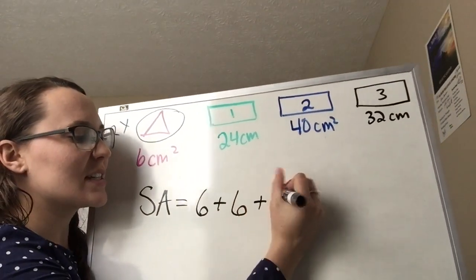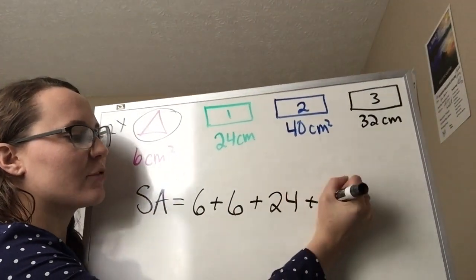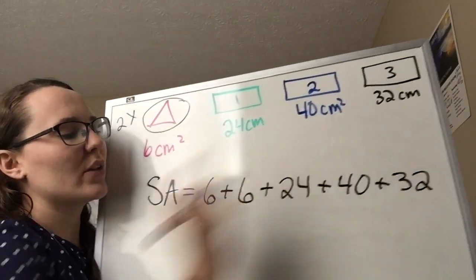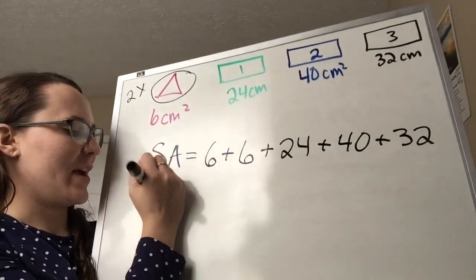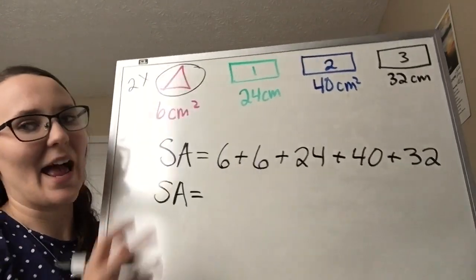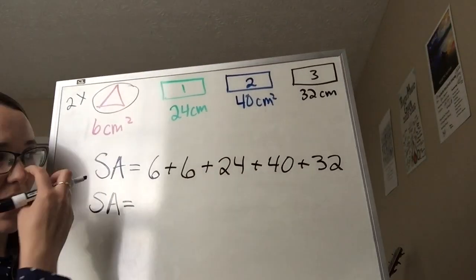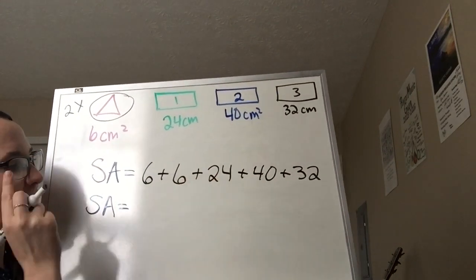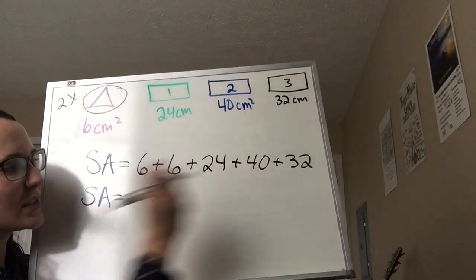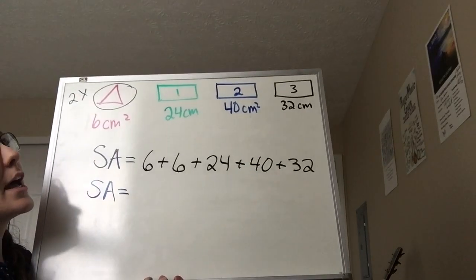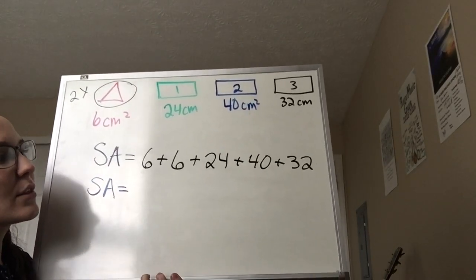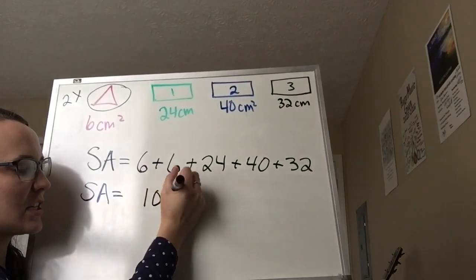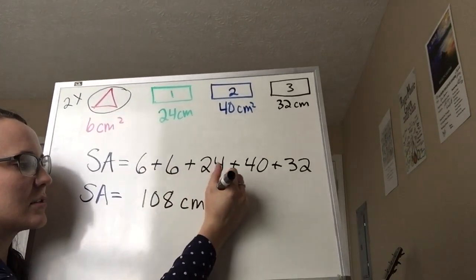So 6 plus 6 plus 24 plus 40 plus 32. When I add up all of these shapes, I will then have my total surface area. SA stands for surface area. So 6 plus 6 is 12, plus 24 is 36, plus 40 is 76, plus 32 is 108 centimeters squared.